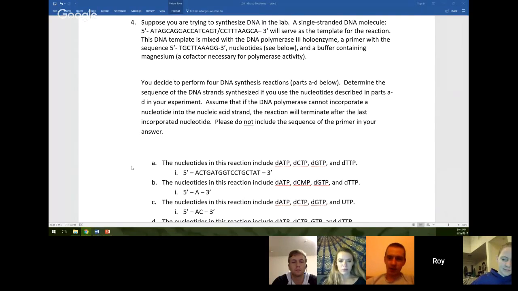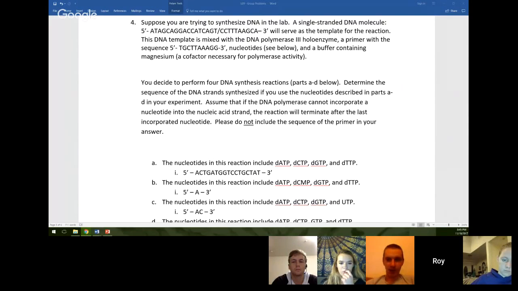So the trick here is to know that to be able to do this, you have to have the triphosphates, which are the ones that end in TP. And so in A, you have everything you need for the A, C, G, and T. So you end up with 5' ACT, GAT, GG, TCC, TGC, TAT, and 3'.